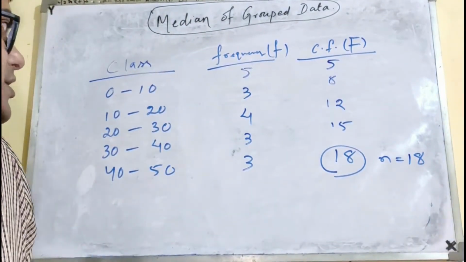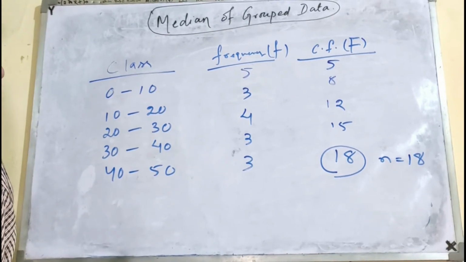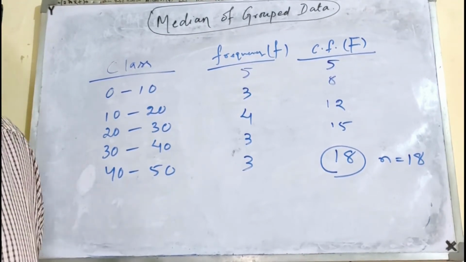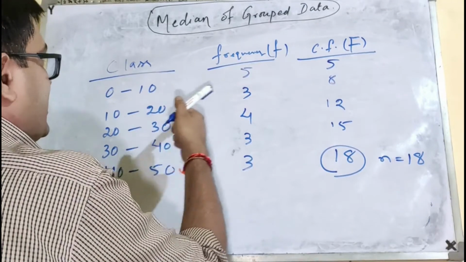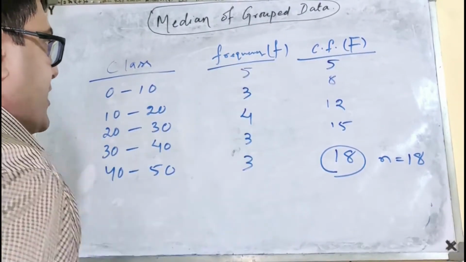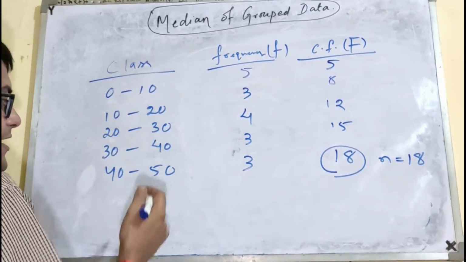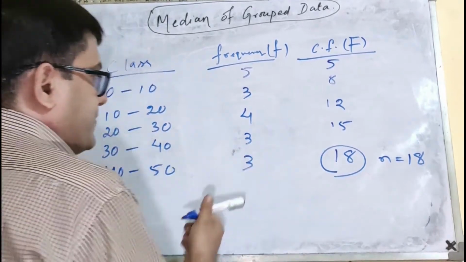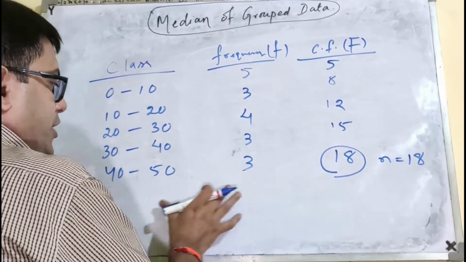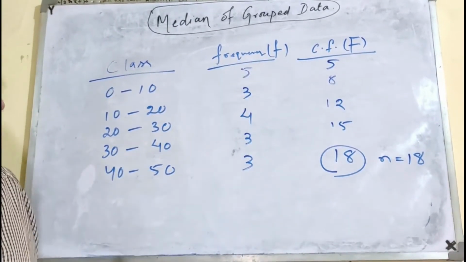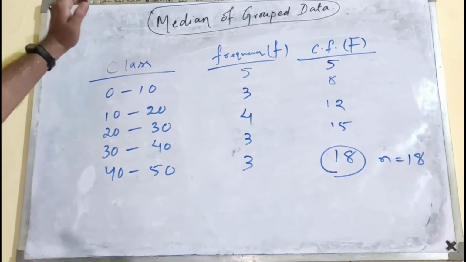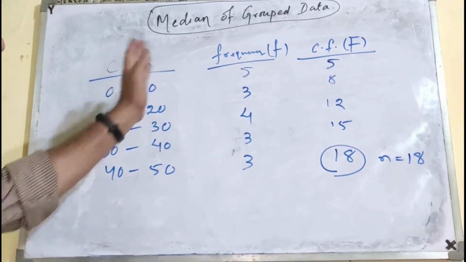data points. So there are 5 classes, but each class has a different frequency. That basically gives you the total number of data points here. We don't know the exact data points, but we know that there are data points.